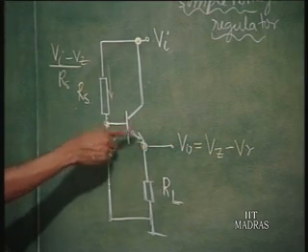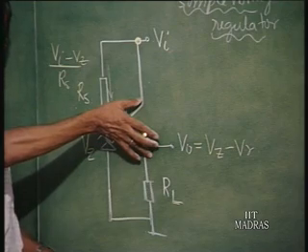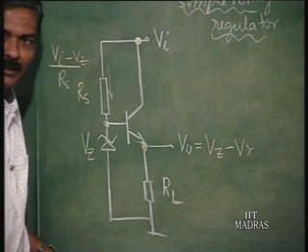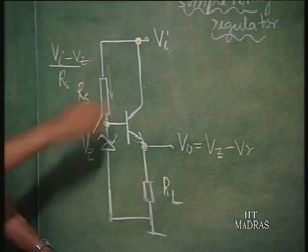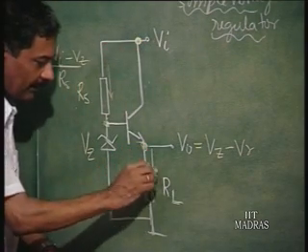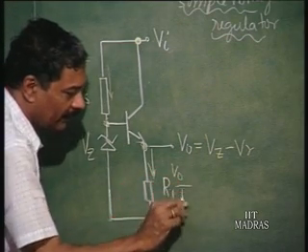So, V Z minus V naught is what is getting amplified by the transistor amplifier, so as to adjust it to the required value. So, the output voltage V naught is equal to V Z minus V gamma. So, it is going to remain fairly constant independent of V I. Of course, as this load current changes, the load current is going to be V naught divided by R L.